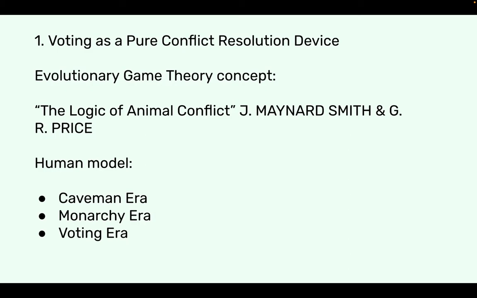Basically, because the groups were too large and conflict was too costly, and the violence was so high, we needed a new kind of way of resolving succession in large populations of thousands, tens of thousands, or hundreds of thousands. So monarchy was the solution to that, and basically is the general agreement that the descendants of the previous alpha are the ones who are going to be the next alpha leaders.